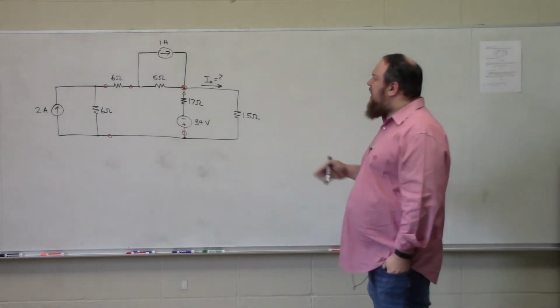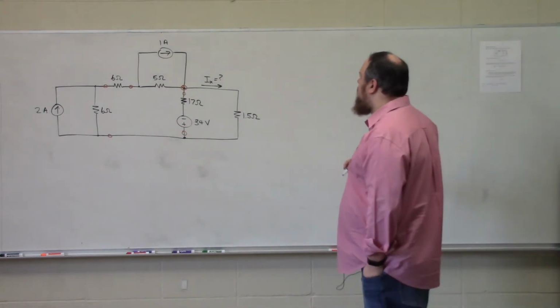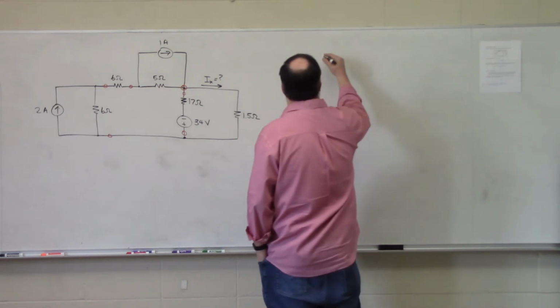So let's look at the 2 amp source in parallel with the 6 ohm resistor.